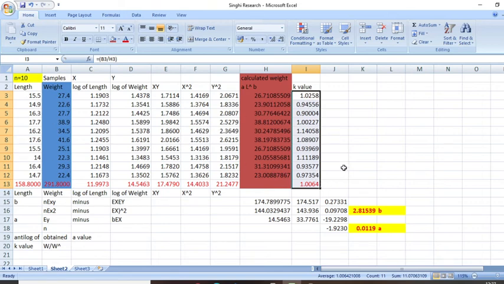So this is all about the calculation of the k value and how to estimate the length weight relationship in fishes. Here you will obviously get the b value equal to 3 or around 3, like 2.5 to 3.5, and the a value will always be very small, usually starting with 0.00.